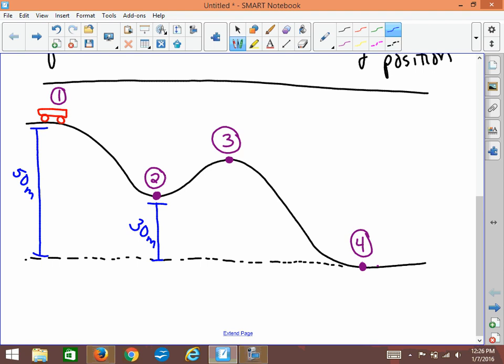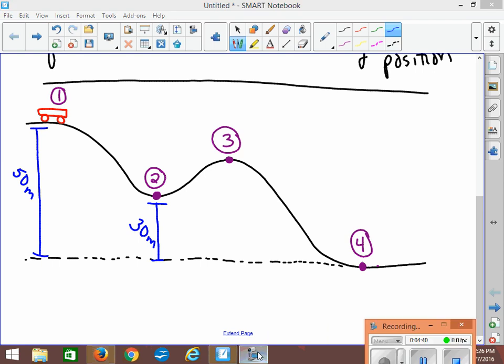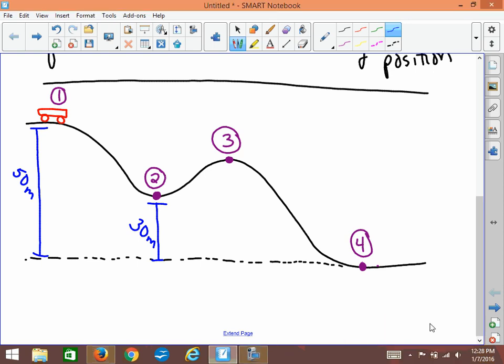I'm also going to tell you the speed for position number 3. The V, the speed, is going to be 14 meters per second at position number 3.